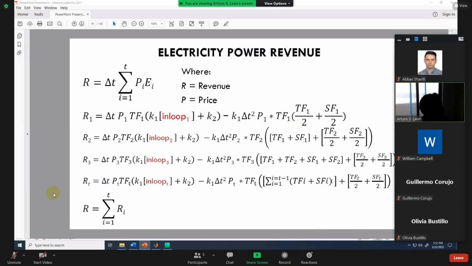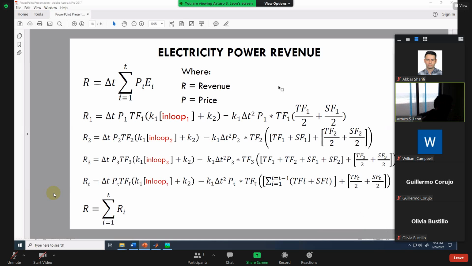Okay. And now the revenue is simply electricity times price, right? If you multiply the electricity at hour 1 times its price at that hour, plus the electricity at the next hour times the price at that hour, plus, and so on, that is revenue.